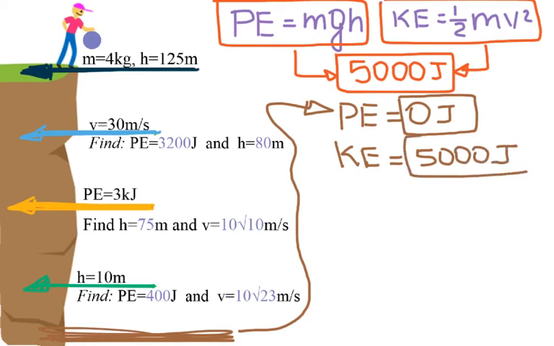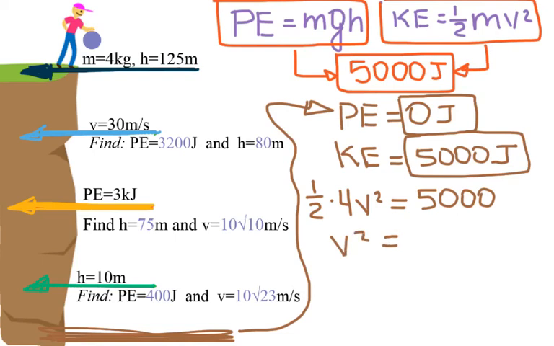Kinetic energy is 1/2 the mass, v squared, and equals 5,000 joules. That gives me v squared is equal to 2,500, and v is equal to 50 meters per second.